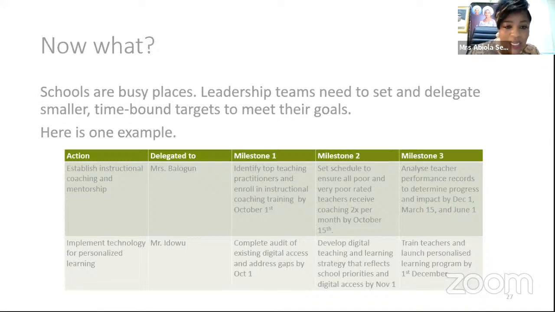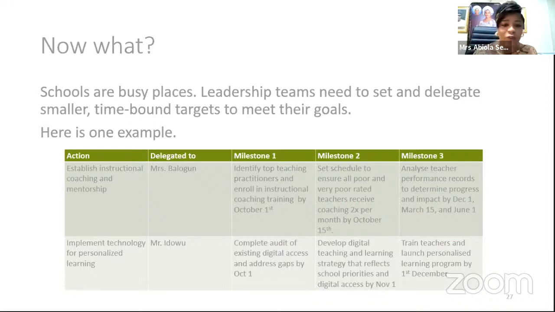Okay, so for instance, establish instructional coaching and mentorship. Milestone number one is identify top teaching practitioners and enroll in instructional coaching training by October 1st. Okay, so let's pretend that the SMART goal said June 2022. So this is milestone number one. Milestone number two, set schedule to ensure all poor and very poor rated teachers receive coaching 2 times per month by October 15th. Notice this milestone has a time bound, but it requires other sets of activities.